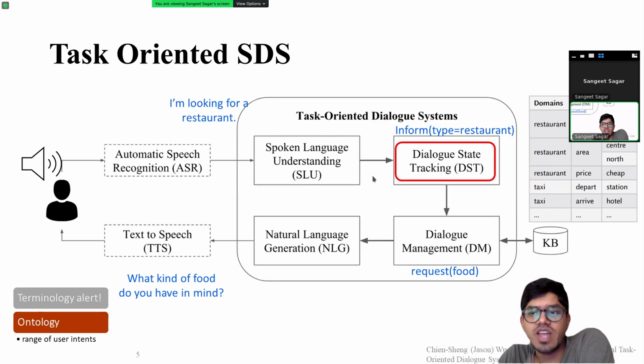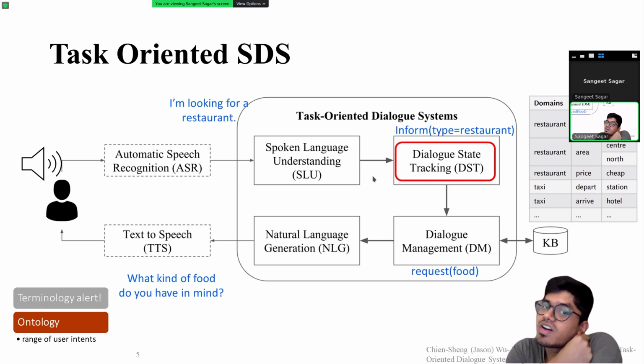This is a typical block diagram of a spoken dialogue system designed for only a specific domain, the restaurant domain. It begins with an automatic speech recognition system to transcribe the speech into a stream of text. In order to make meaning out of this text, we have an SLU component that generates information and meaning from the generated text.